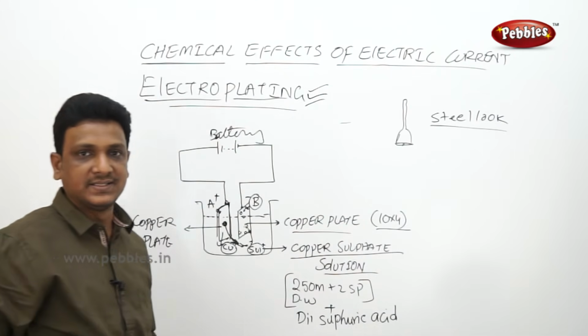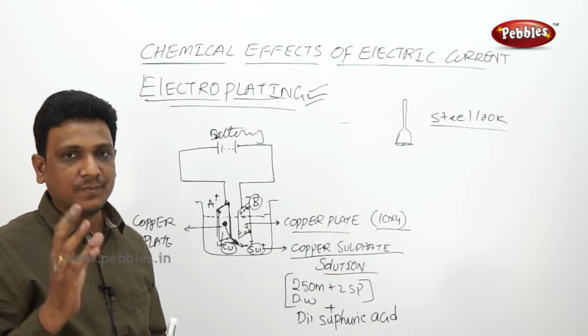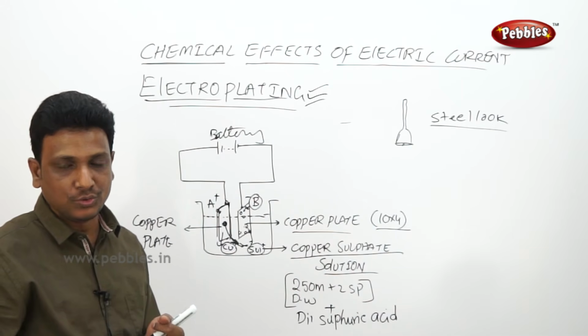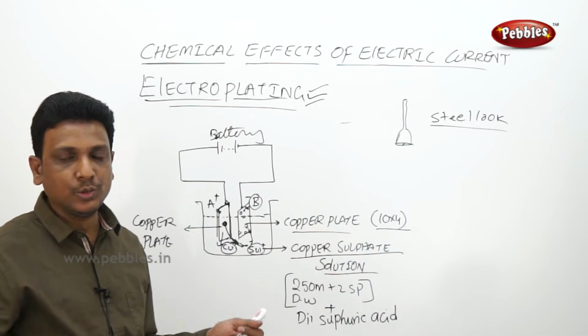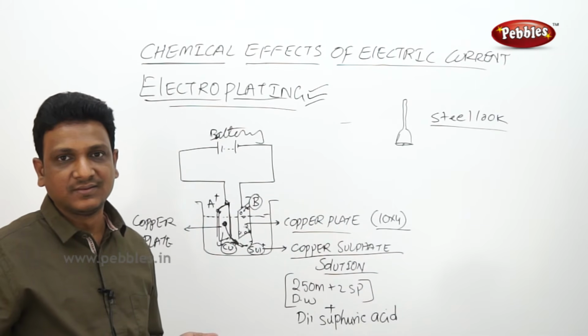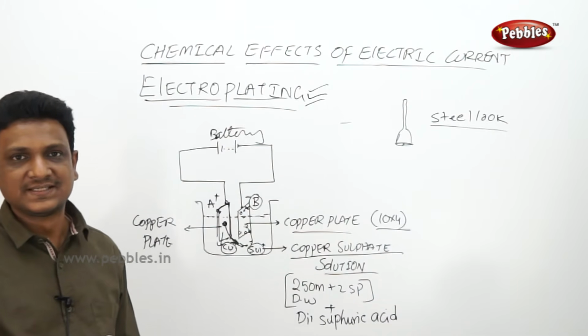So electroplating is a technique commercially used to make the object shiny. If you want a steel look, a silver look, a gold look. So all these are looks, not the metal. The base metal is something. You are coating some other metal on the base. It will be there for some time, some days.